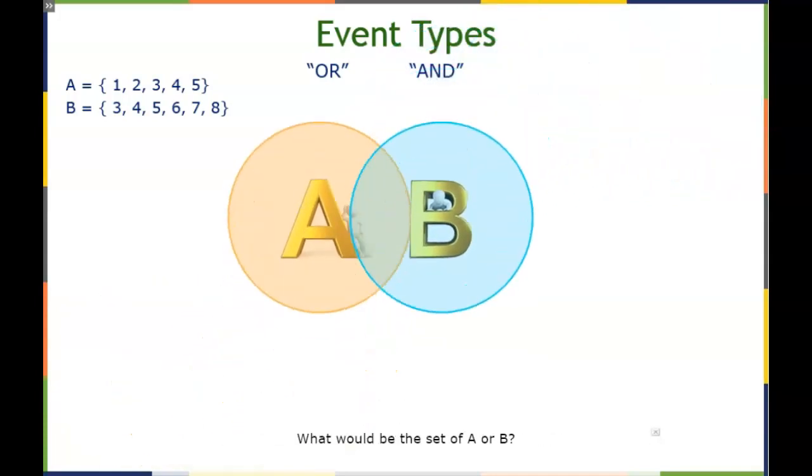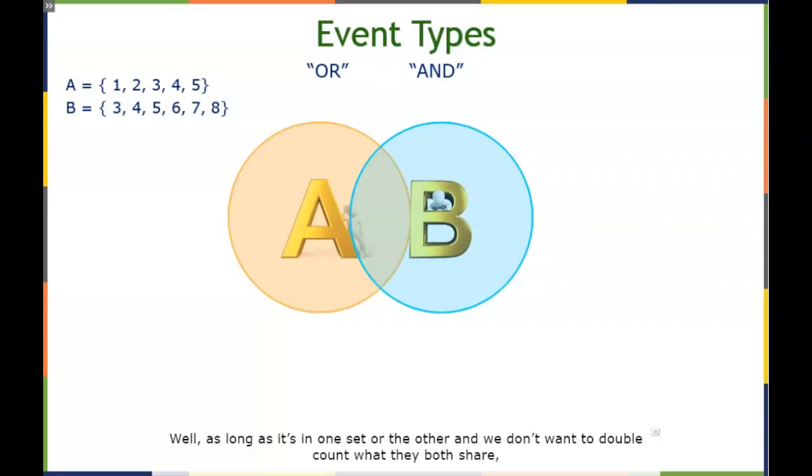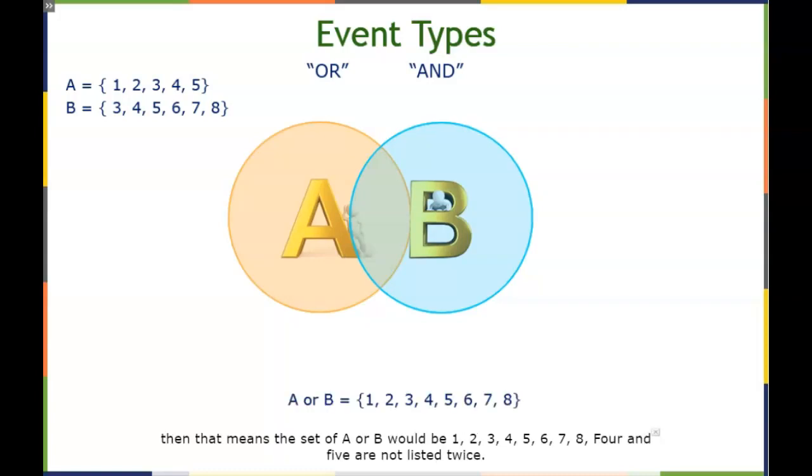What would be the set of A or B? Well, as long as it's in one set or the other and we don't want to double count what they both share, then that means the set of A or B would be 1, 2, 3, 4, 5, 6, 7, 8. 4 and 5 are not listed twice. We don't have to list them twice. They're already counted when we list them once.